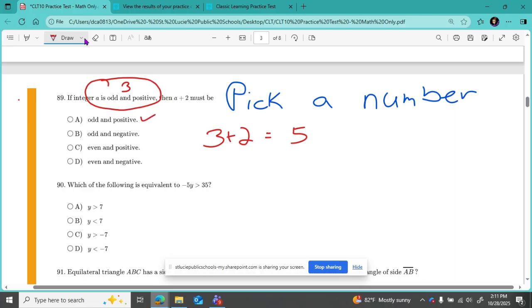That's true. Odd and negative. Even and positive. Even and negative. Nope. I didn't have to pick any more numbers. My first pick worked. 5 is odd and positive.